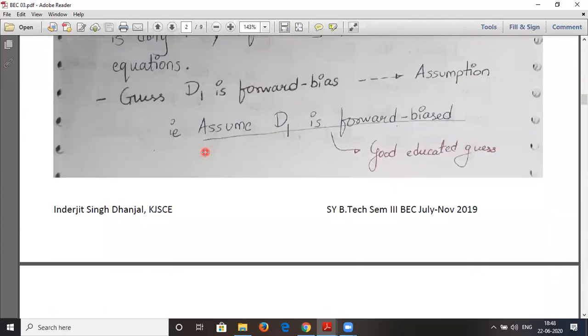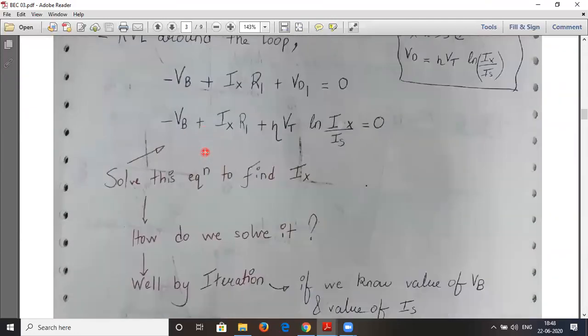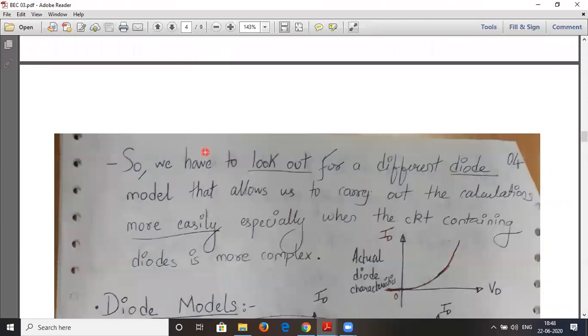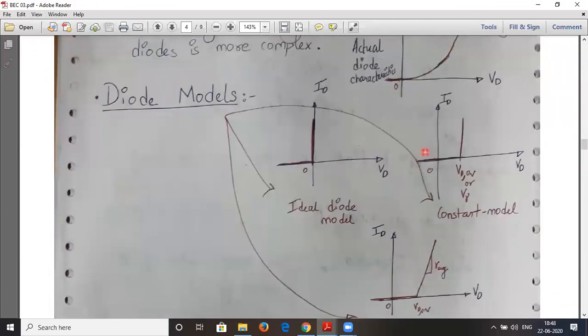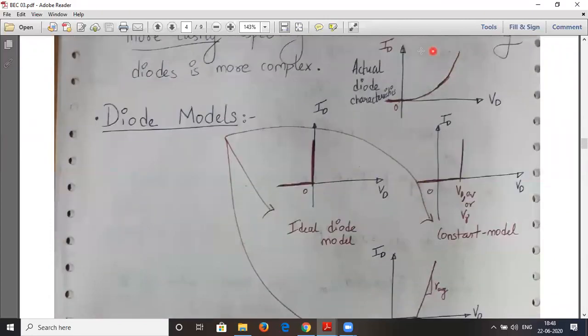So we'll move on to another model. There are actually three models besides the exponential model, which we have already seen, and which we will not follow for the time being. It represents the actual diode characteristics, that is ID versus VD.